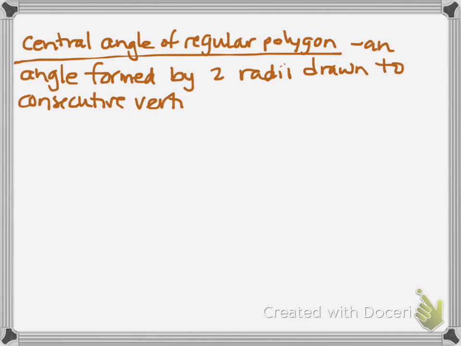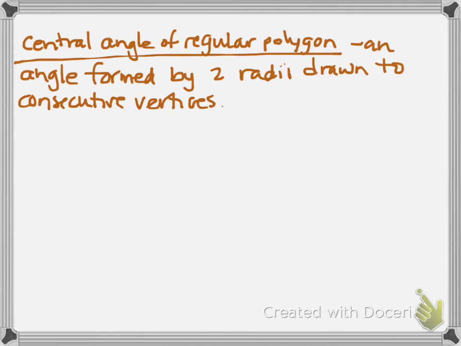So implicit in the notion of radii is that it has to come from the center of the circle. So a central angle of a regular polygon starts at the center, two radii to adjacent or consecutive vertices. And I'm going to draw a picture of all of these so that you can see it.